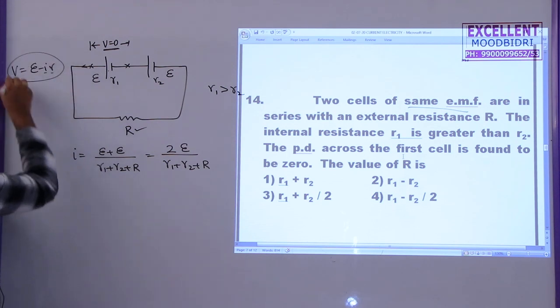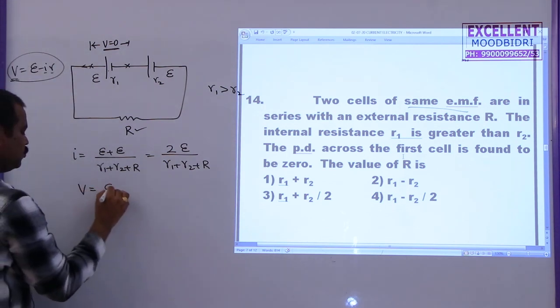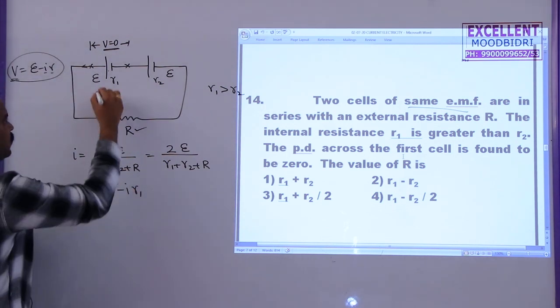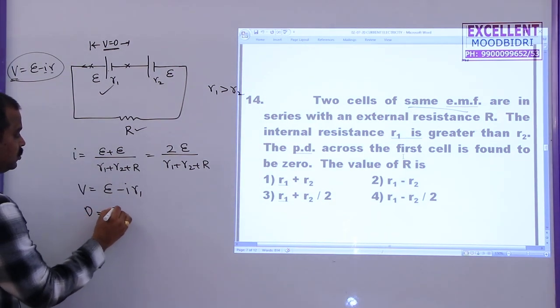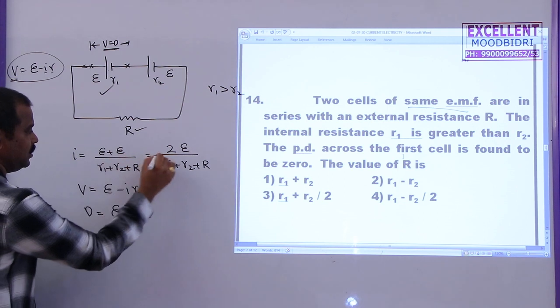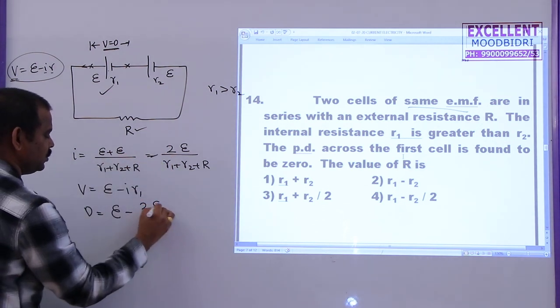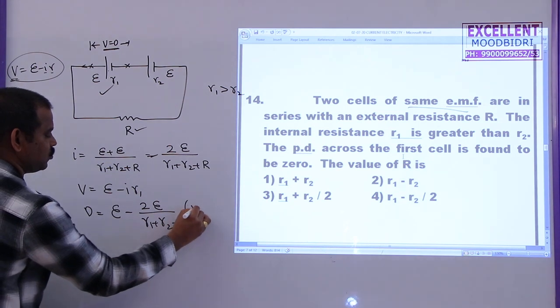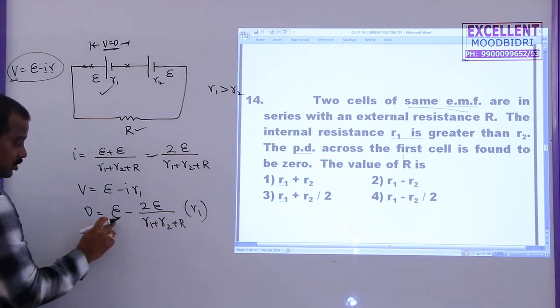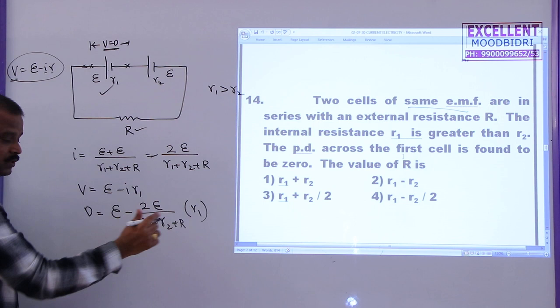Now let me take this equation, V is equal to E minus IR1 for the first cell. V is 0, so 0 is equal to E minus I, where I is 2E by R1 plus R2 plus R, into R1. This minus this is 0, means these two values must be equal.